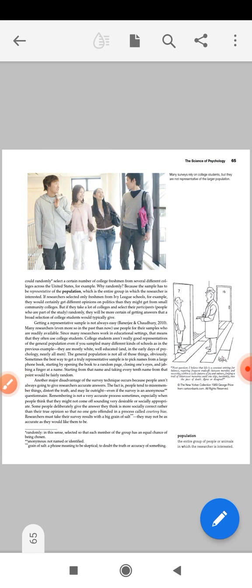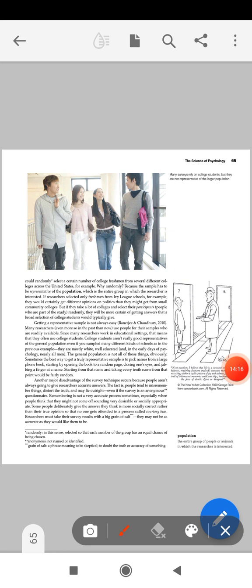And another problem with surveys is that people don't always give accurate answers in a survey or in an interview or anything else, because it's a tendency of people to give answers based on social acceptability.